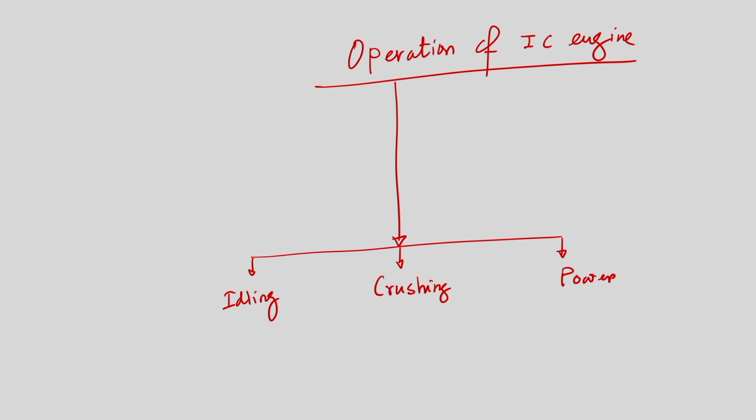Now we need to know what we mean by idling, what we mean by cruising, and what the power zone is. So, this is the cruising zone, this is the idling zone, and this is the power zone. As I said, we can divide the entire operation of internal combustion engines into these three different zones.